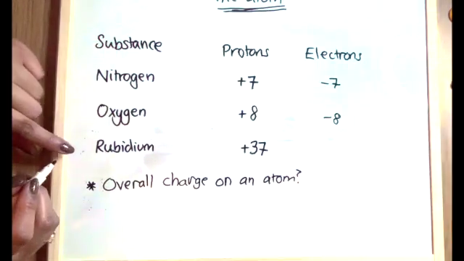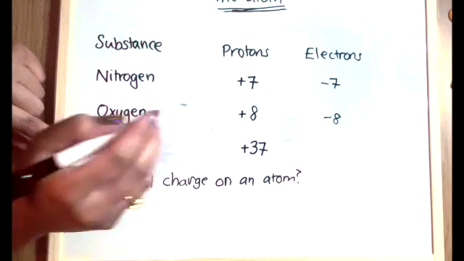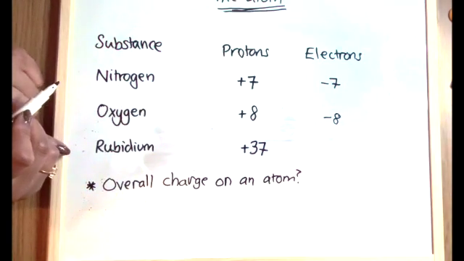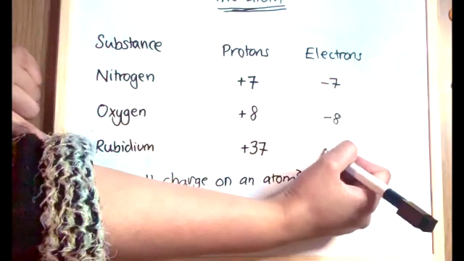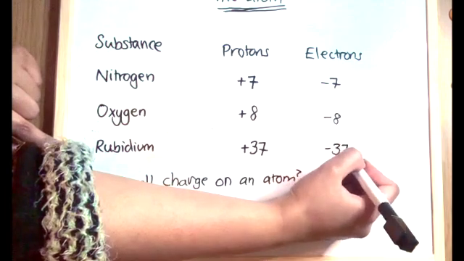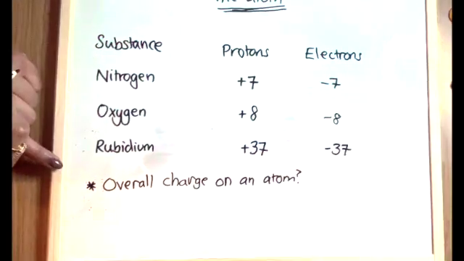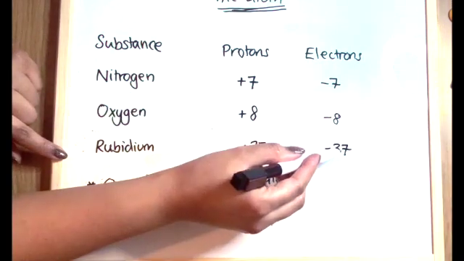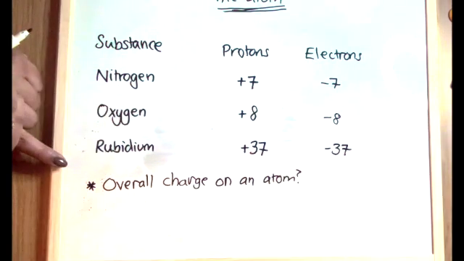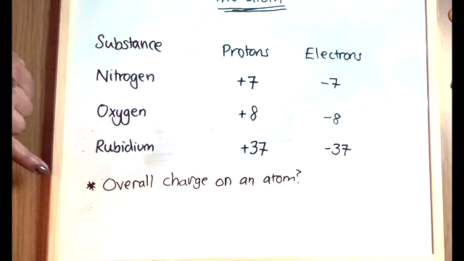And then rubidium has 37 positive protons, which means it's going to have 37 negative electrons. They have to be the same in an atom, so that's -37. Now, the key thing here is, what do we think the overall charge on an atom is going to be?